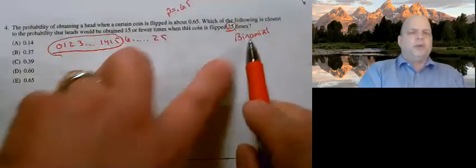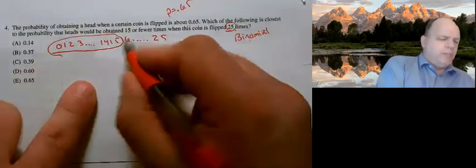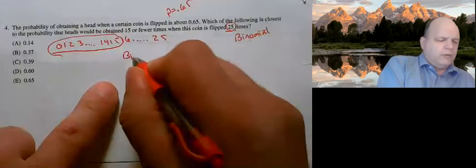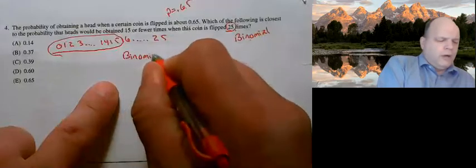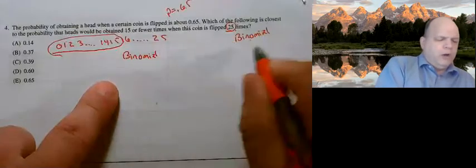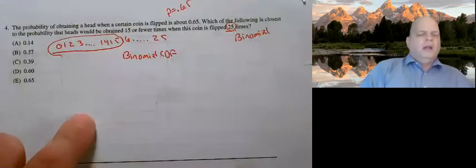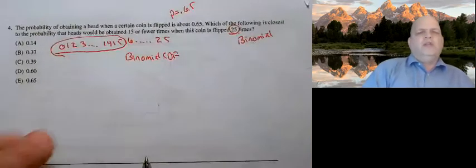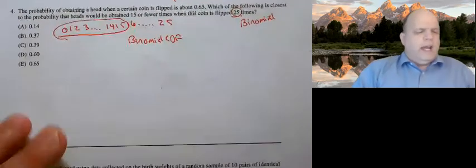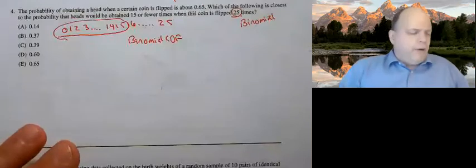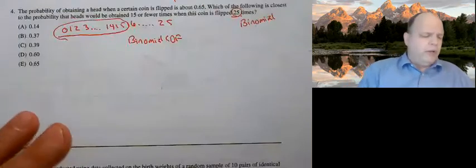Because it's multiple values, I know I'm going to be working with the binomial CDF. I'm going to go ahead and show my work as if this were an FRQ. Obviously, it's not, so I wouldn't have to.